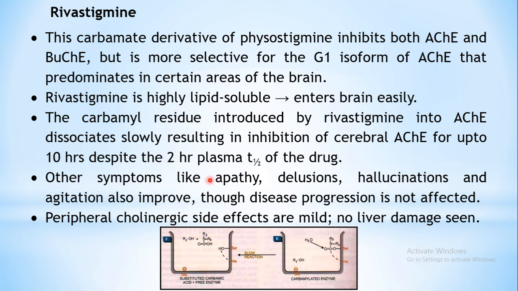It will get metabolized very easily, but the carbamylated enzyme is not set free very easily. Up to 10 hours it will keep this enzyme inhibited, so that ACh will not be hydrolyzed. That's how it is potentiating the action of ACh. This is the mechanism of action of rivastigmine.